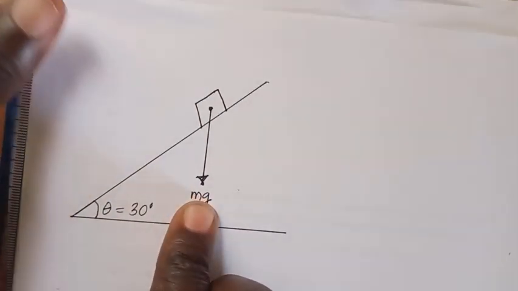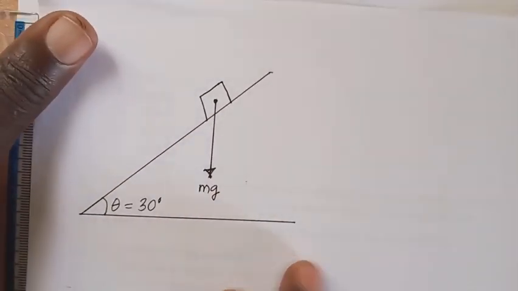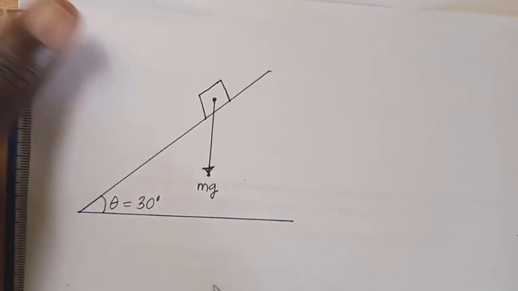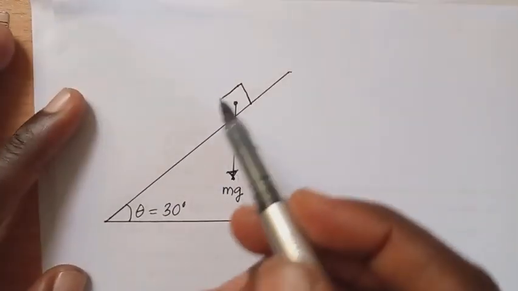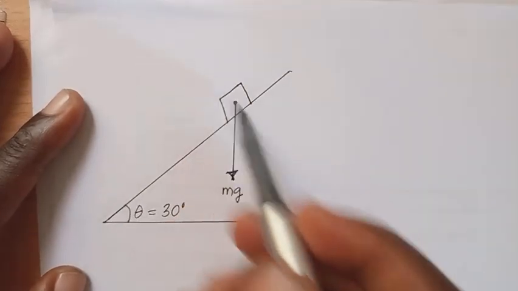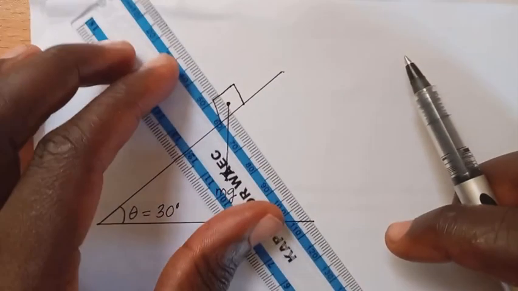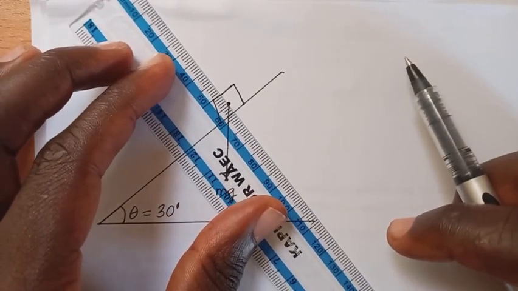This weight is like a resultant of two vectors. In other words, the weight mg has two components. One is parallel to the plane, and the other one is perpendicular to the plane. So we can draw that here.